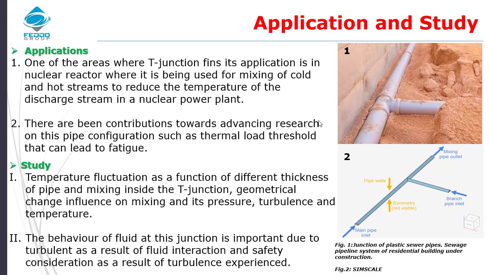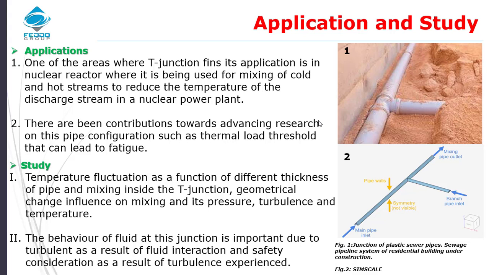Applications: one of the areas where T-junctions find application is in nuclear reactors, where they are used for mixing of cold and hot streams to reduce the temperature of the discharge stream in a nuclear plant reactor.